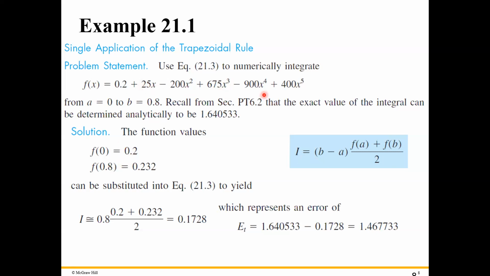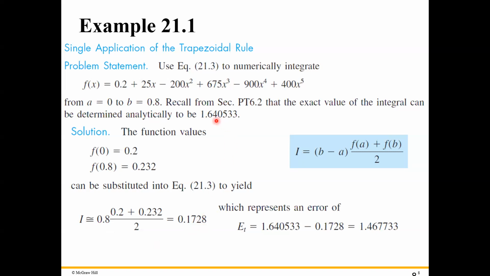If we put 0.8 over here, the answer will be 0.232. Now if we input these values, f(a), f(b), b and a, that is 0.2 plus 0.232 divided by 2, times 0.8, the approximate value for the integration will be 0.1728.